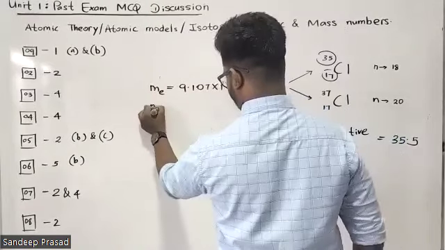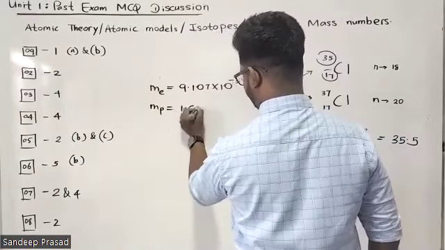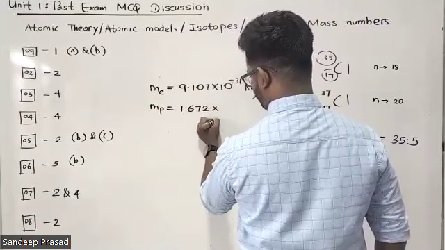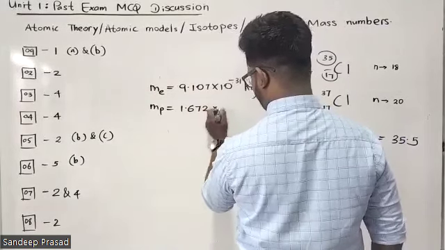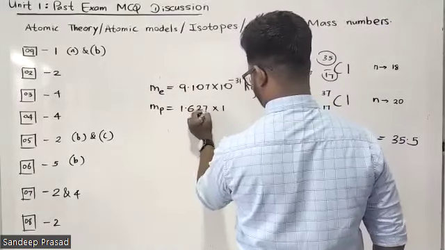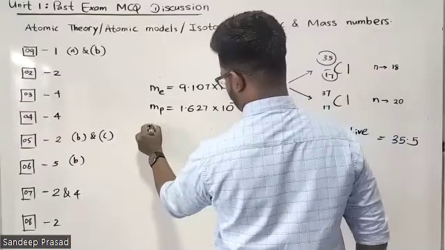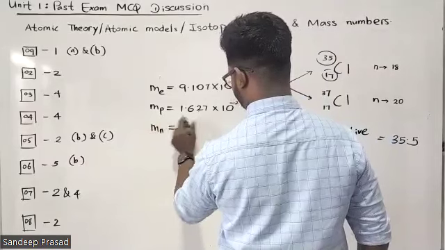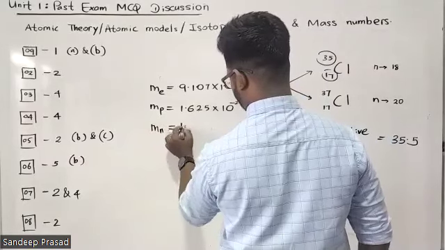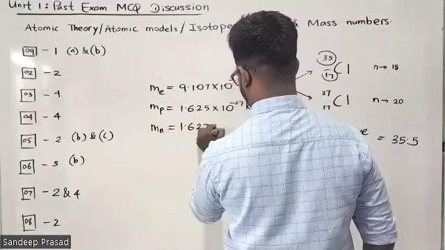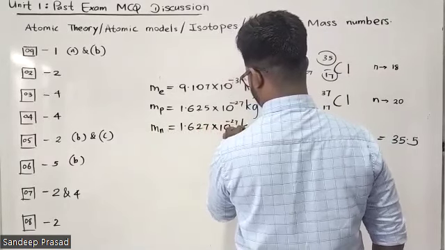Then the mass of a proton, 1.672 × 10 to the power minus 27 kilograms. And then the mass of a neutron, 10 to the power minus 27 kilograms.